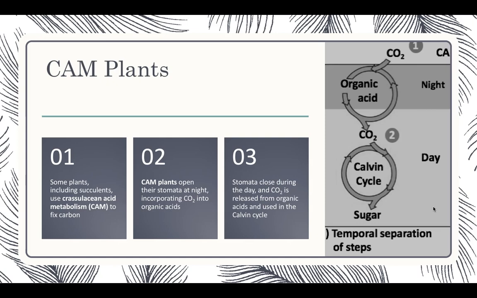Or you have plants that open their stomata at night, so that's a temporal separation. Instead of opening in the daytime, the stomata open at night to take in the carbon dioxide. It's cooler at night, and you lose less water at night.